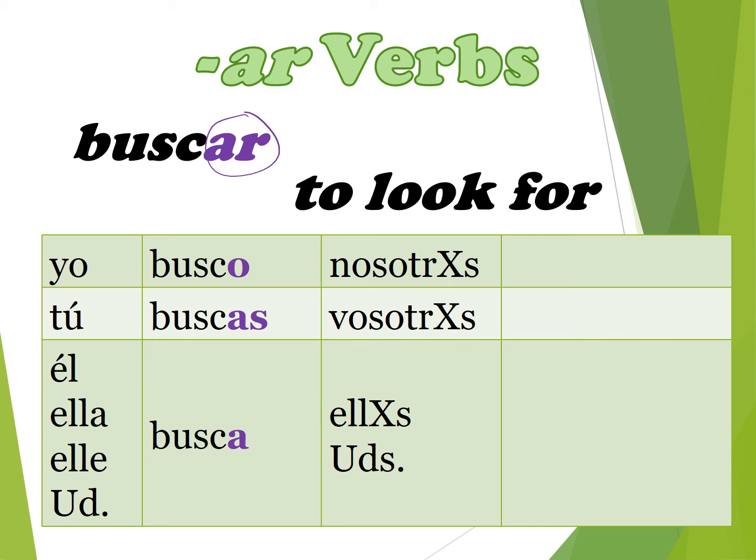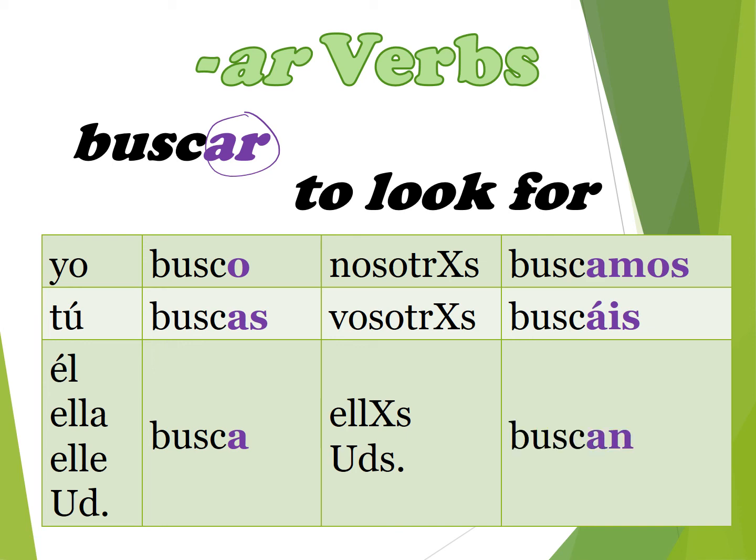Nosotros, nosotras, nosotres: take off the ending, add amos. Vosotros, vosotras, vosotres: take off the ending, add áis. Ellos, ellas, elles, ustedes: take off the ending, add an. So our chart looks like this. Busco, buscas, busca, buscamos, buscáis, buscan.